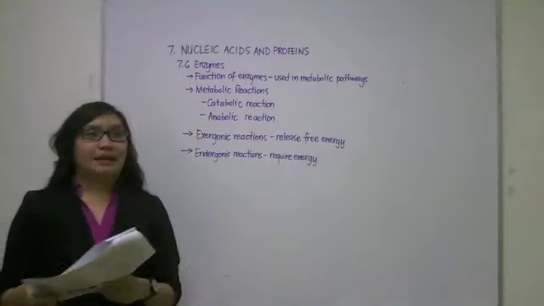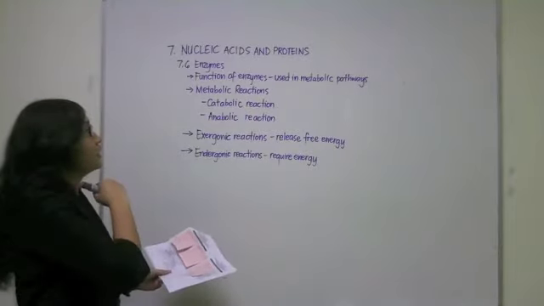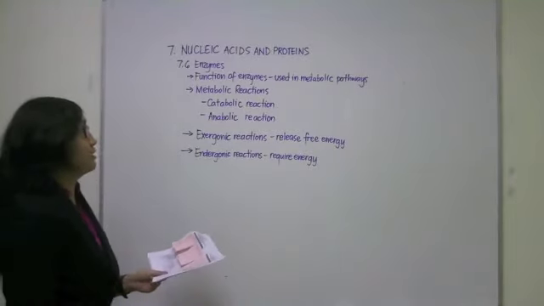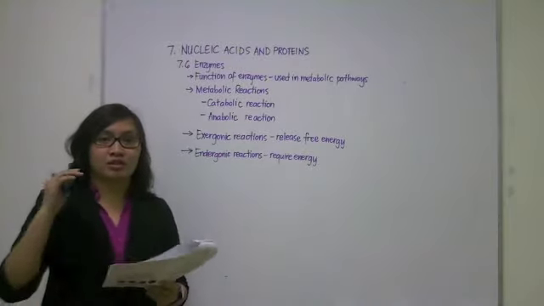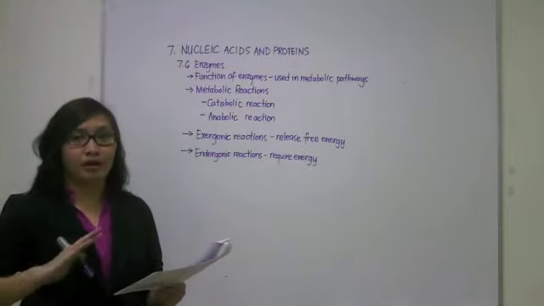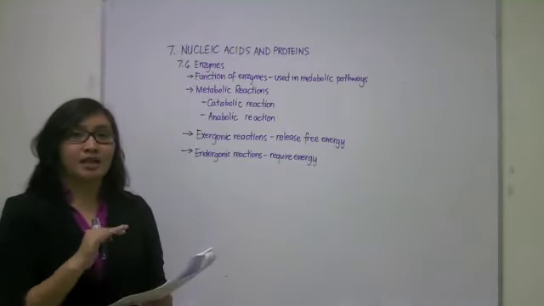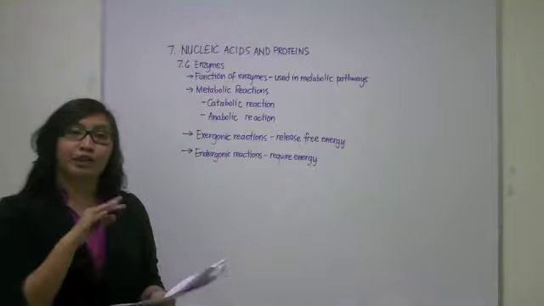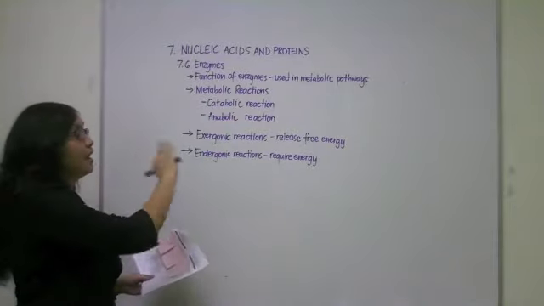The last topic that we are going to discuss under the chapter on nucleic acids and proteins is about enzymes. Primarily, students should have a background of the previous topic in the previous chapter in Chemistry of Life, wherein they have already learned the basic parts under enzymes.